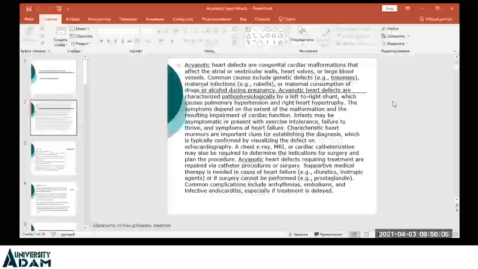Supportive medical therapy is needed in the cases of heart failure, for example, diuretics, inotropic agents, or if surgery cannot be performed, palliative therapy. Common complications include arrhythmias, embolisms, and infective endocarditis, especially if treatment is delayed.